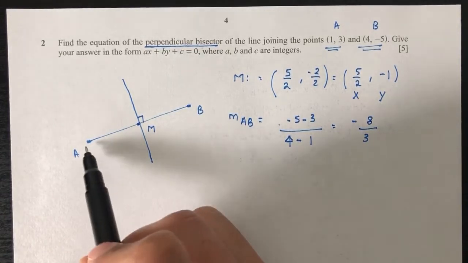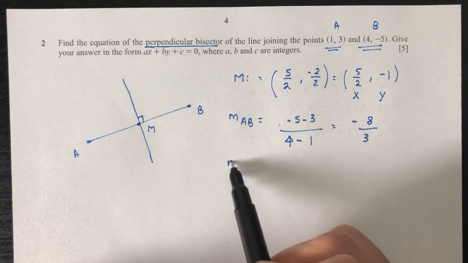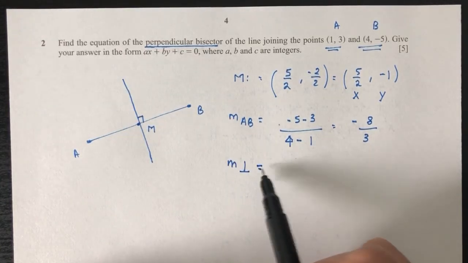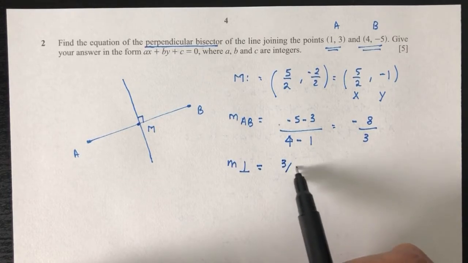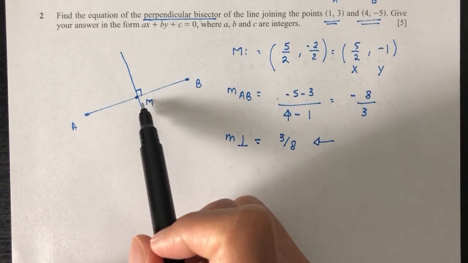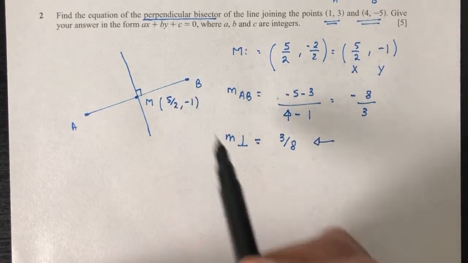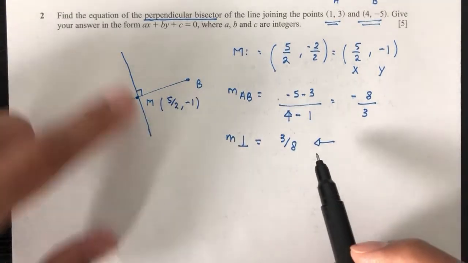Now if we have the gradient of this line, what is the gradient of the perpendicular line? As we know, the perpendicular gradient needs to be 3 over 8. We can use this and the passing point M, which is 5 over 2 and minus 1, to find the equation of this bisector.